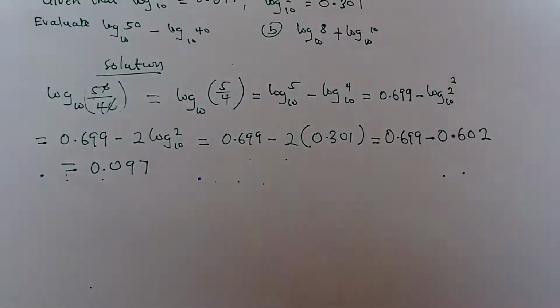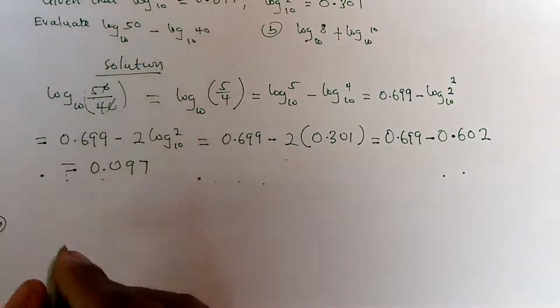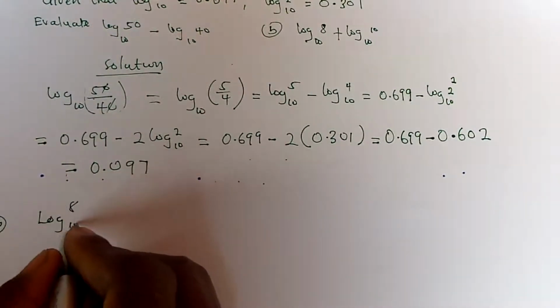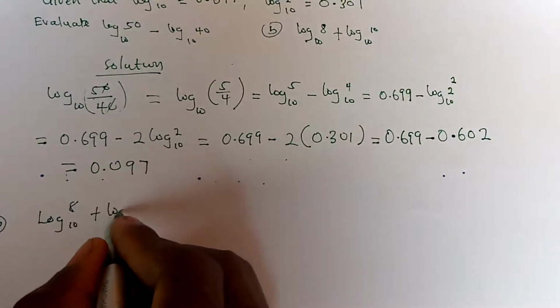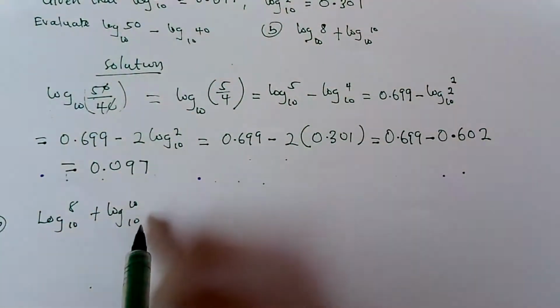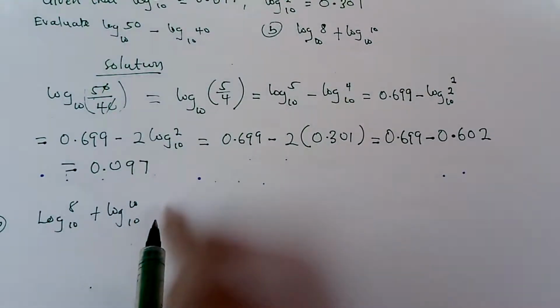The next question is log 8 to the base 10 plus log 10 to the base 10. So let's tackle this. One thing that you should know is that whenever the number and the base are the same, the result is 1.